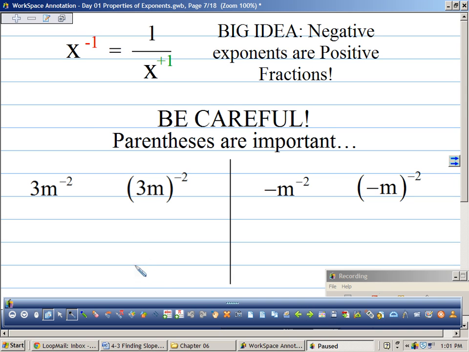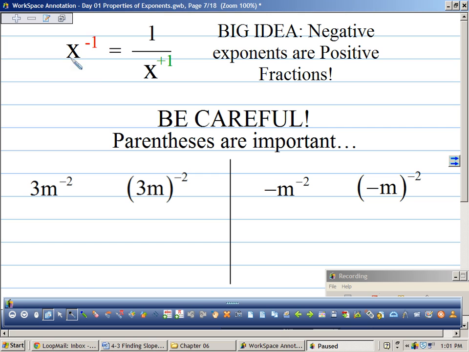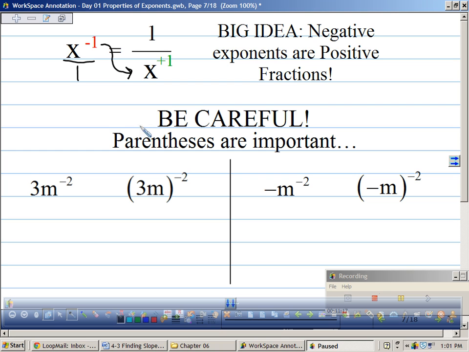Okay, so pencils down. Let's just pay attention. All right, so here's our big idea that we're going to look at next. Negative exponents are positive fractions, which makes sense if you think about everything in math has inverses, correct? So if I have a -1, I don't like negative exponents. And actually, this is x over 1, right? If I wanted to have a positive exponent, I can put it in the denominator and make it positive.